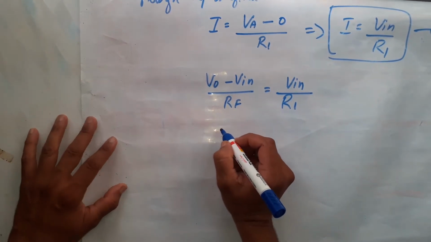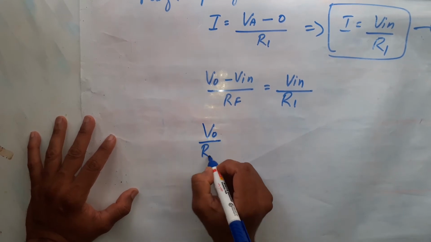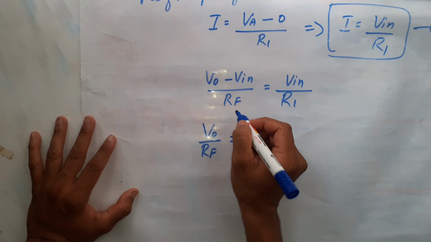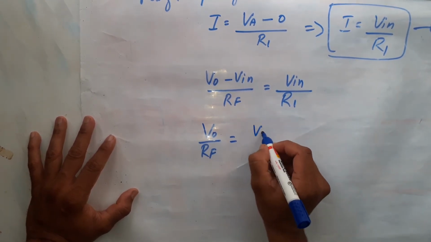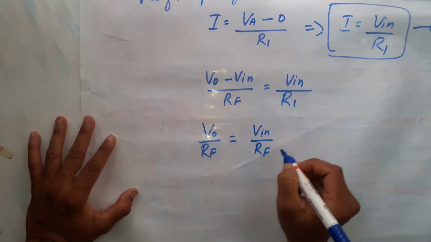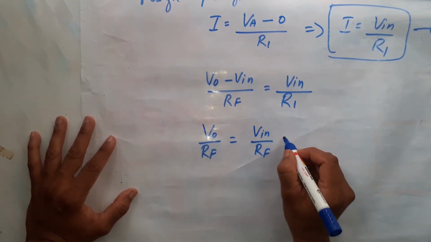Simplify this: V naught by RF, minus Vin by RF; I will take this to the other side. It becomes Vin by RF plus, this minus becoming plus when I take it here, Vin by R1.